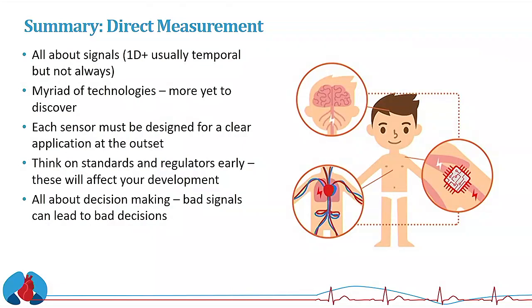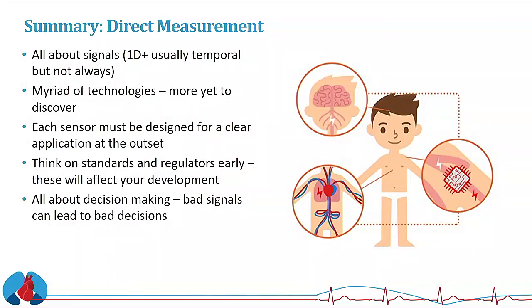So a more succinct summary. Direct measurement. It's all about signals, though. It's all about signals. Usually 1D, usually temporal, not always. There are just a myriad of technologies out there already, and there's more to discover. I'm sure somebody can discover something new. Each sensor must be designed for a clear application at the outset.